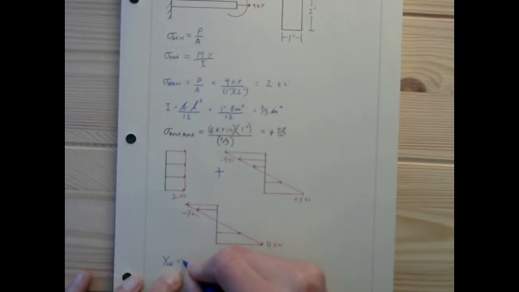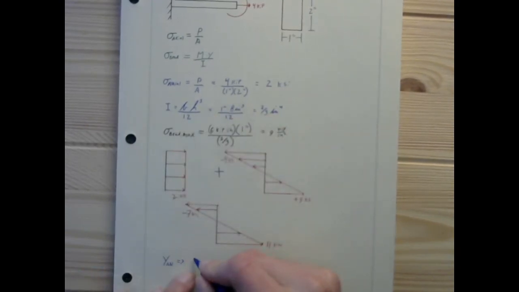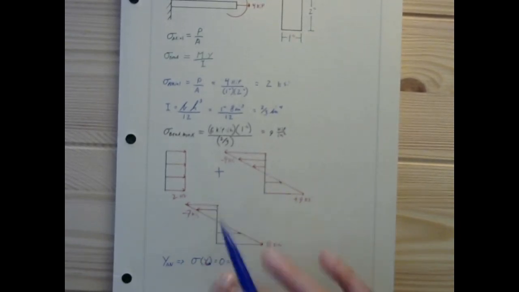So let's just write down our stress equation. And the stress as a function of y has to equal 0 for the neutral axis. And that will be our stress equation for all of this cross-section.